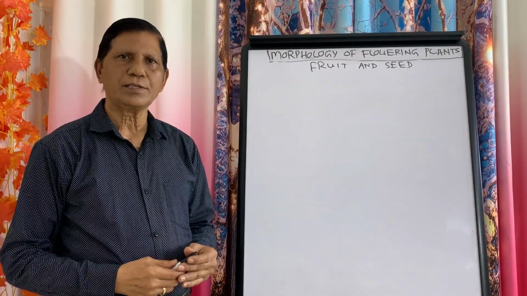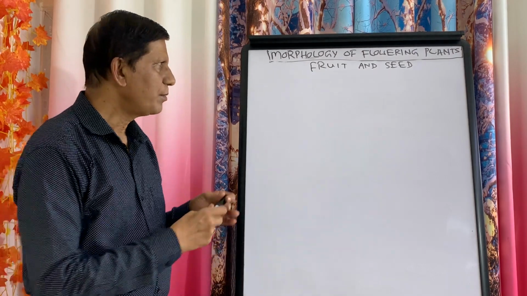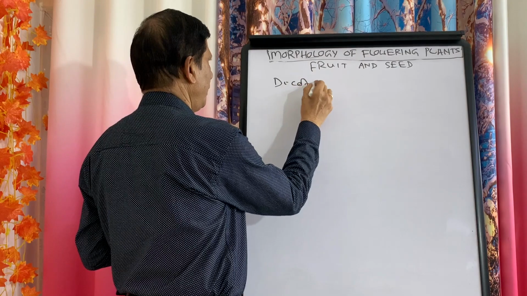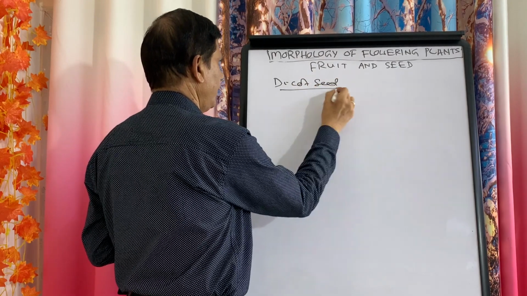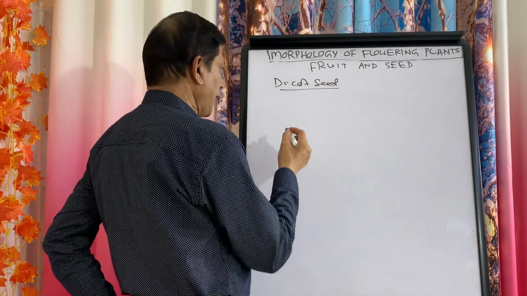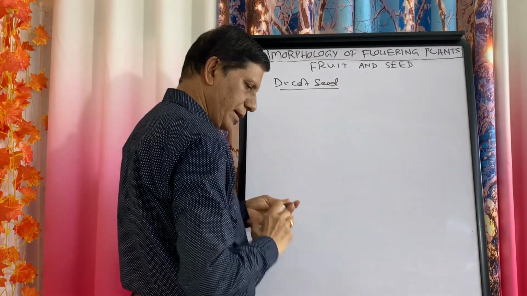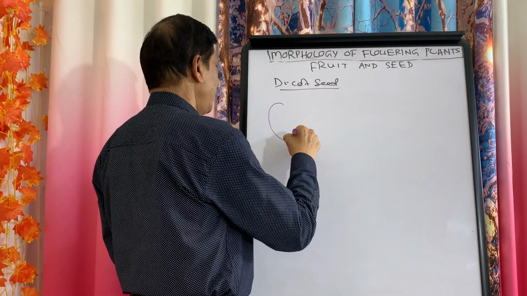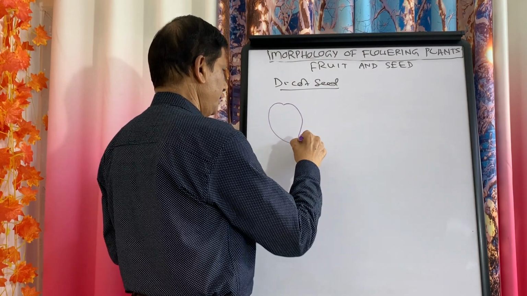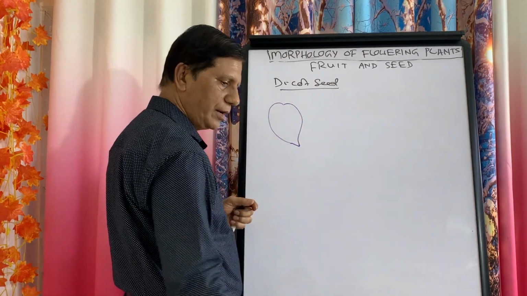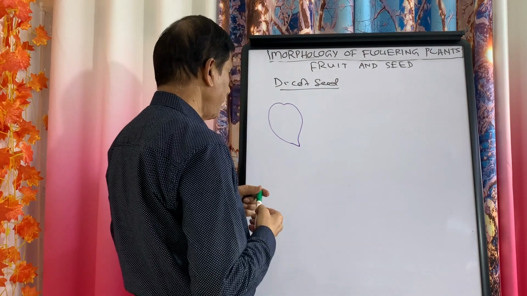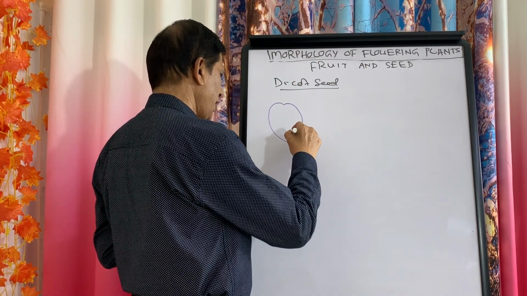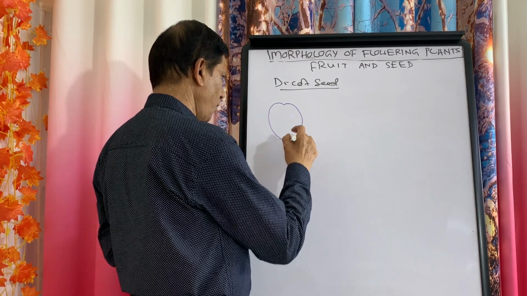So let us now discuss the structure of seeds. First, the dicot seed. The dicot seed has a structure like this. This is the diagram of the gram seed, and here one scar mark is there with a hole.